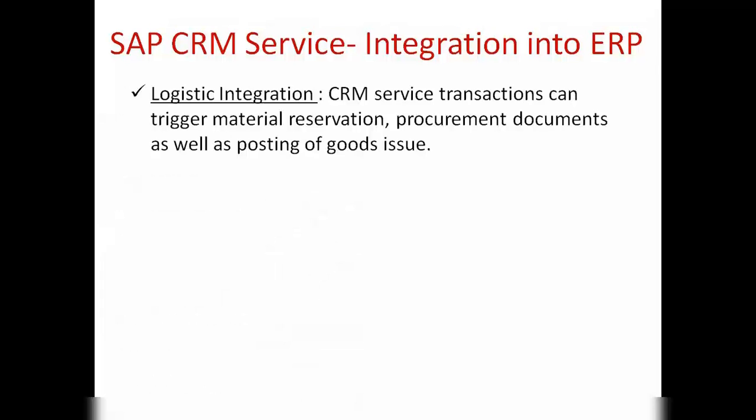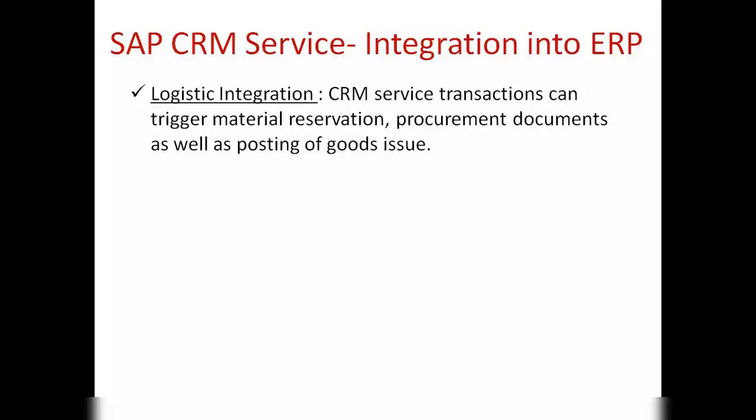Logistic integration. A CRM service transaction can trigger material reservation, procurement document, as well as posting of goods issue. As I said before, if you have a sales item in a service order, or a service part item like a spare item, which is a physical item, that item will be replicated to the backend system, which is SAP SD, where the next logistic process will start.